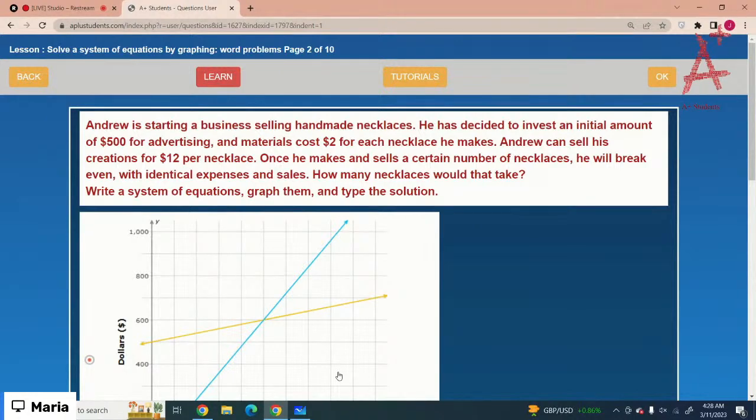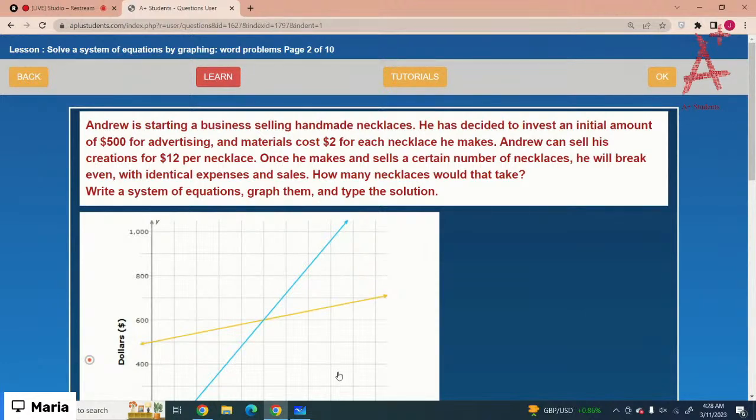Wait, let me read the question again. Andrew is starting a business selling homemade necklaces. He decided to invest an initial amount of $500 for advertising, and material costs $2 for each necklace he makes.